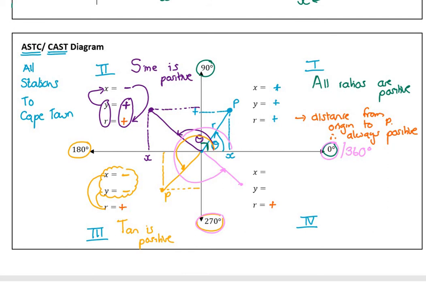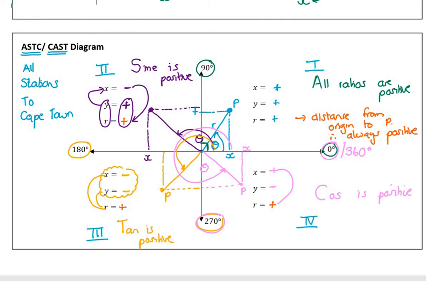So what happens if theta did that for us all the way around? Well, then I would end up at a point P in the positive x-axis region, so x would be positive, but y would still be negative. So what's the only ratio that would be positive in this quadrant? It would be x divided by r, which is cos. So cos is positive.